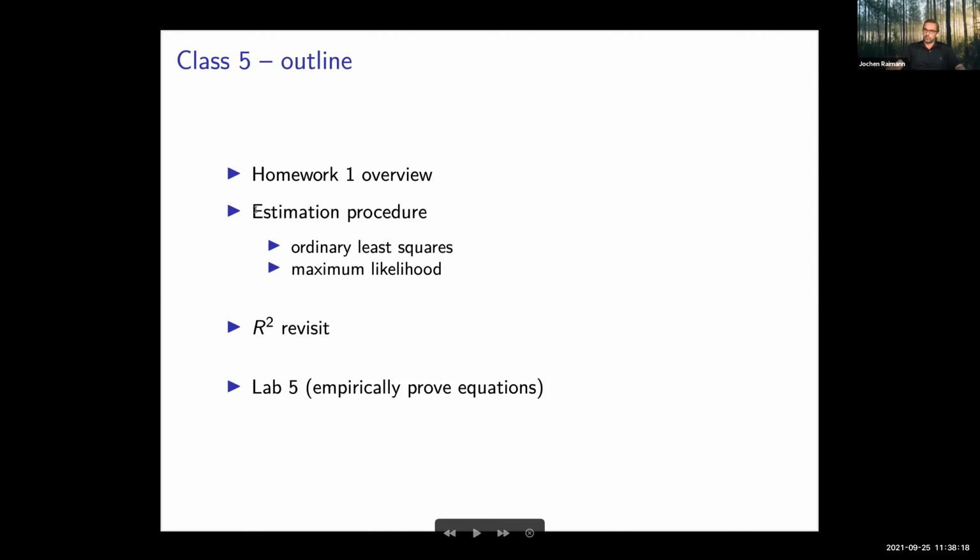Today we will be talking about some aspects that are also part of this exam as well as the homework, which are the estimation procedures. We will be discussing the ordinary least squares method of fitting functions through existing data. And we will further look into maximum likelihood as a method to estimate coefficients in a model.